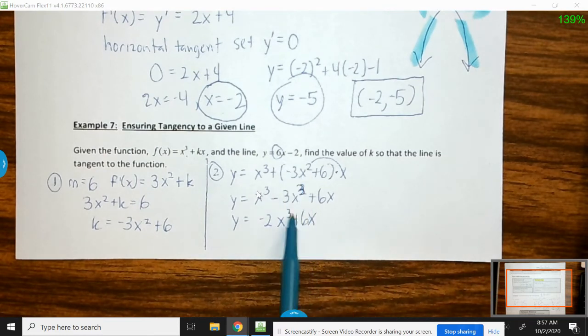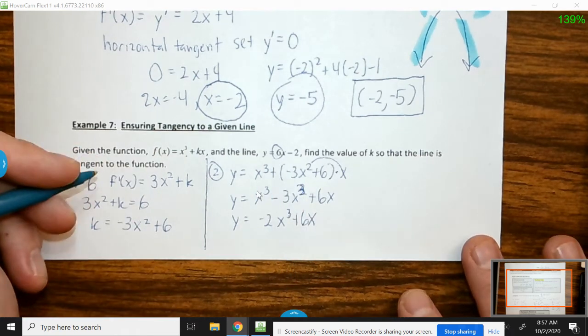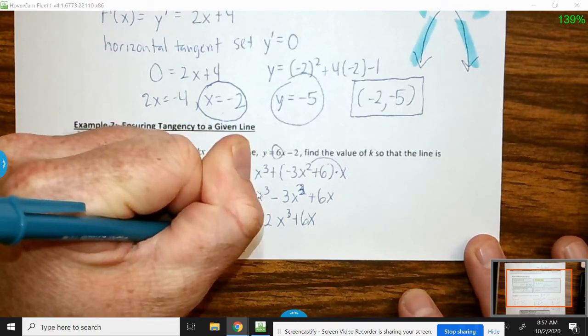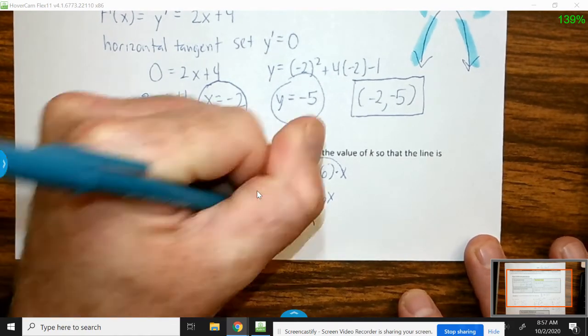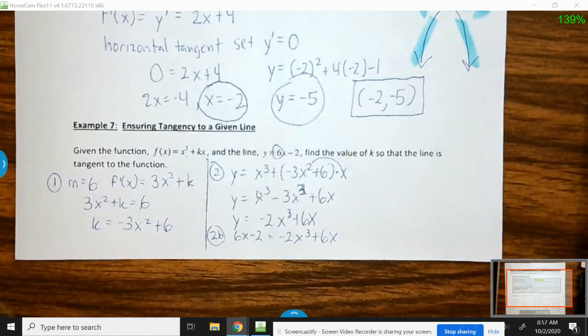Now, this is the fun part. Once I get here, you guys just keep going. And I know that there's something called y equals 6x minus 2. So I can set, I'll call this part 2b, 6x minus 2 equal to negative 2x cubed plus 6x. I'm just going with all the expressions that I have.